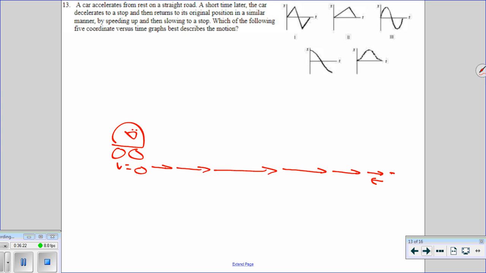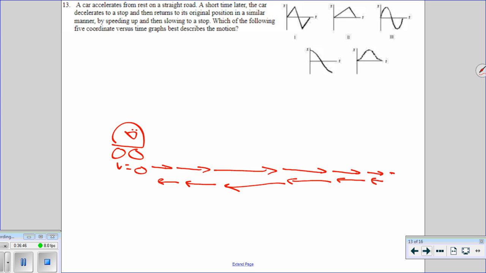So it's going to speed up, and then slow again. Car accelerates from rest, decelerates to a stop. So there's our drawing. So faster, faster, faster, slower, slower, slower, stop. Faster, faster, faster, slower, slower, slower, stop.